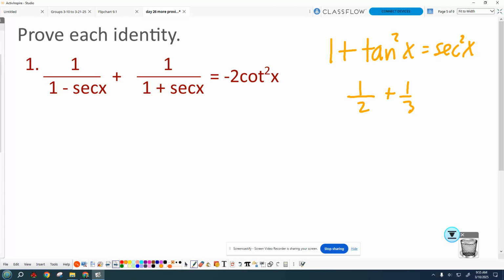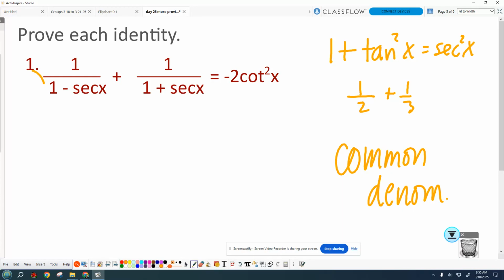Multiply the left side by 1 plus secant of x and the right side by 1 minus. Okay, so there's your start. Find the common denominator. So Sasha's saying multiply the first one by something and the second one by something. With your group, figure out what that something is while I attempt to do attendance.